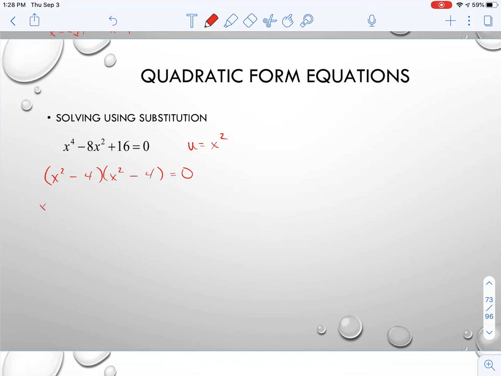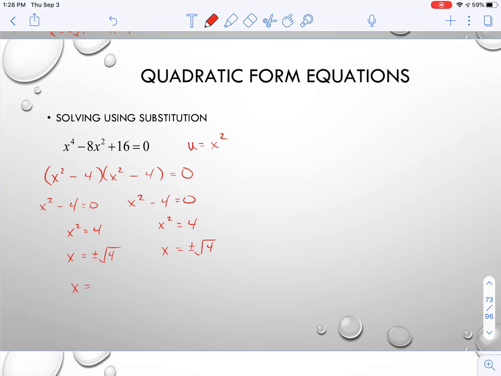Okay, so in this case, I'm going to have x squared minus 4 equals 0, and x squared minus 4 equal to 0. Right? I can solve each. I get x squared equals 4, and because they're identical, I get x squared equals 4 again. I take a square root of both sides. I'm going to get x equals plus or minus the square root of 4, and I'm going to have that twice.